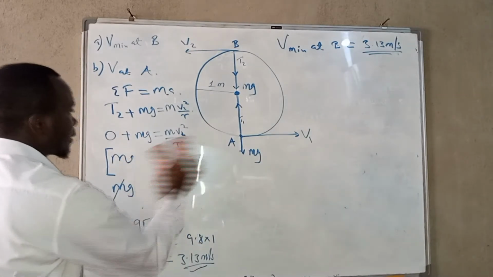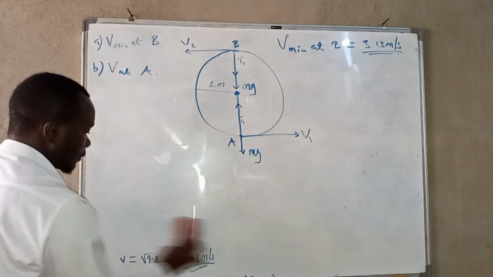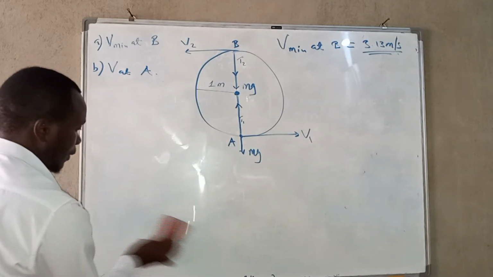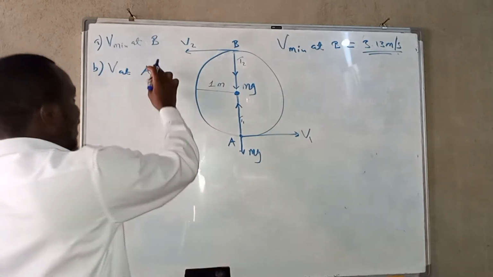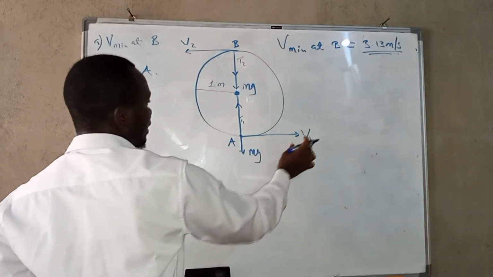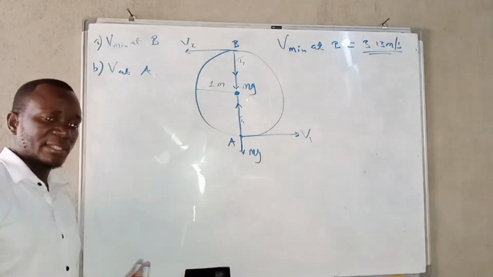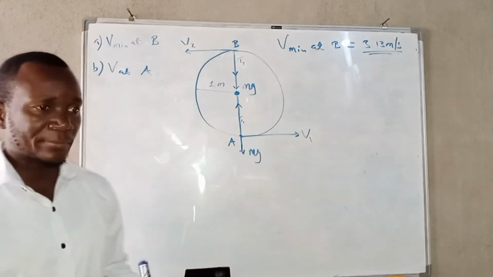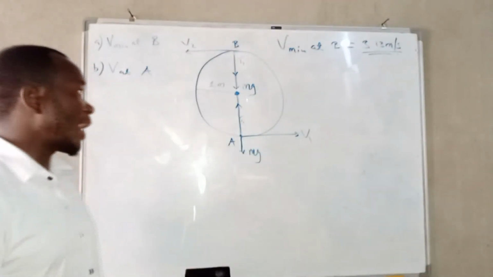Let me just erase this. In order for us to find the velocity at this point, we can use the principle of energy conservation, which states that energy can neither be destroyed nor created, but can only be converted from one form to another.